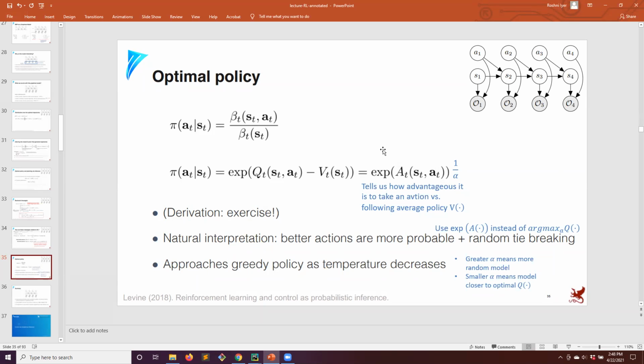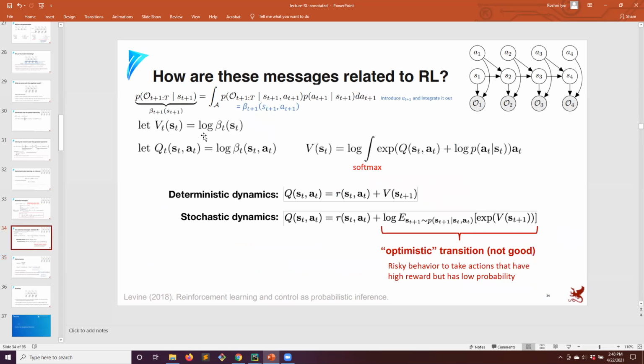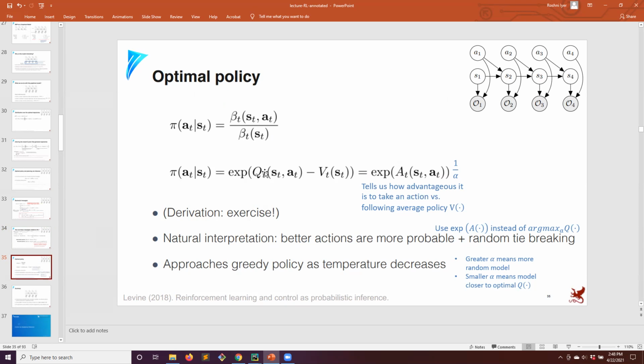The way we can interpret that is it tells us how advantageous it is to take an action such as in this Q_t(s_t, a_t), and how that compares to taking an action following the average policy, which is the value function here. This derivation is pretty simple. We just use these two equations here, and we can get this.